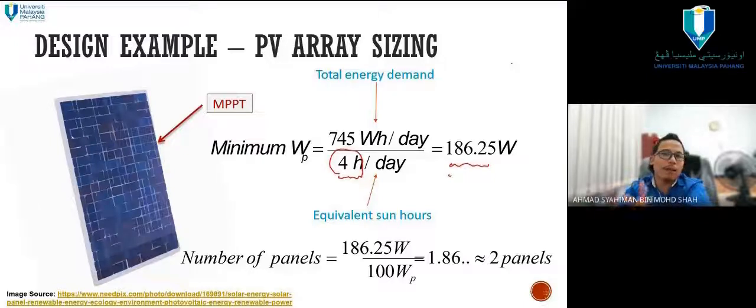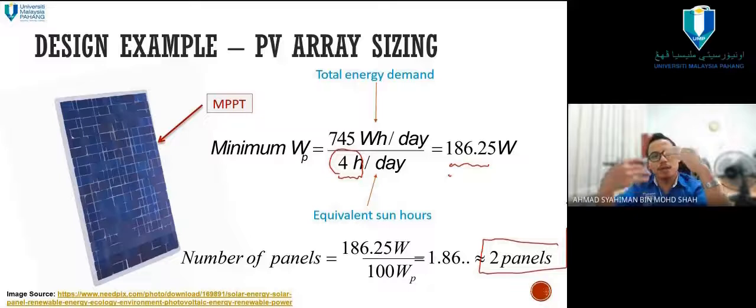We need to have 186.25, so you cannot cut a panel in half to become 86.25, so that's why we round up and get 2 panels. So from our energy demand, we need 2 pieces of 100 watt solar module.